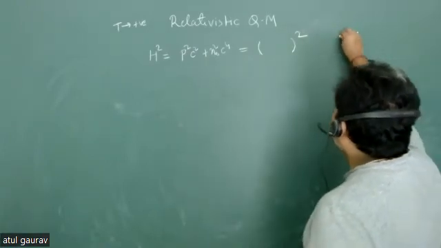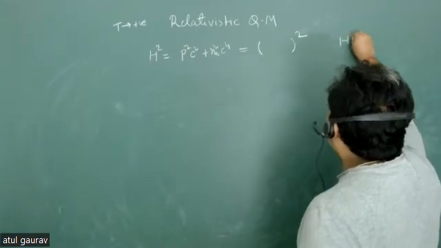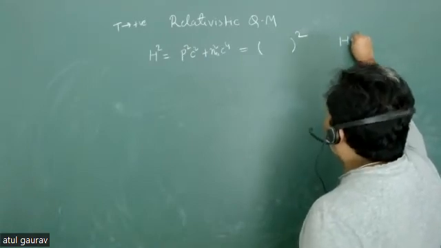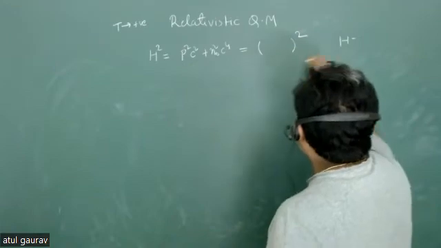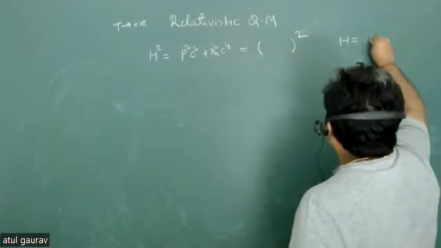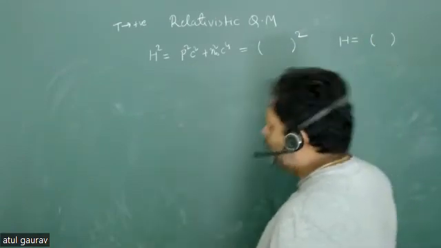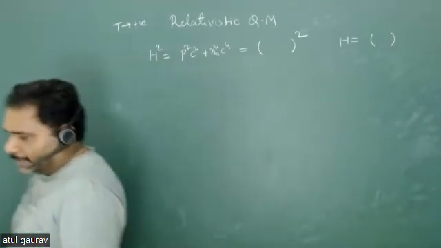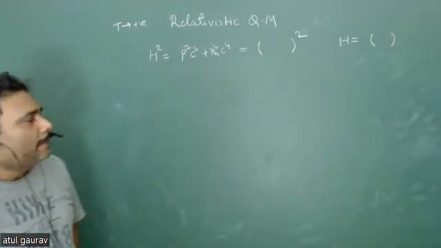He said that if I can write something like this, then I can write H as this particular bracketed thing. Are you getting my point?